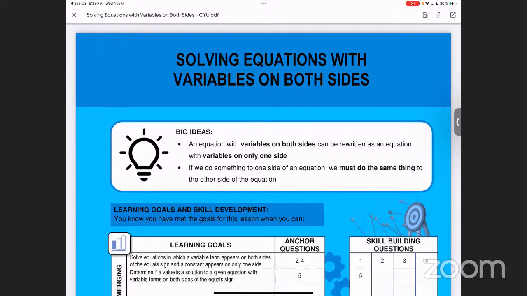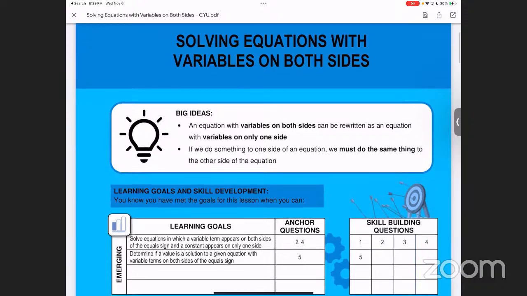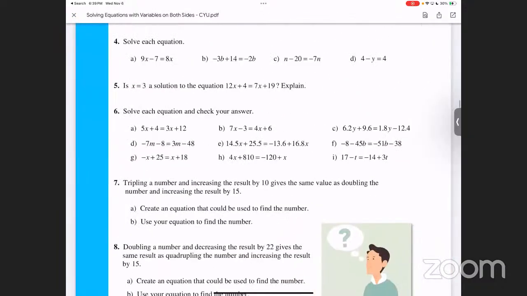All right, let's go into solving equations. Any questions from solving equations? No questions?